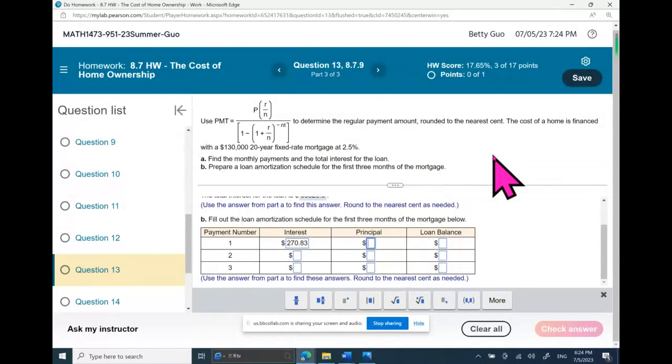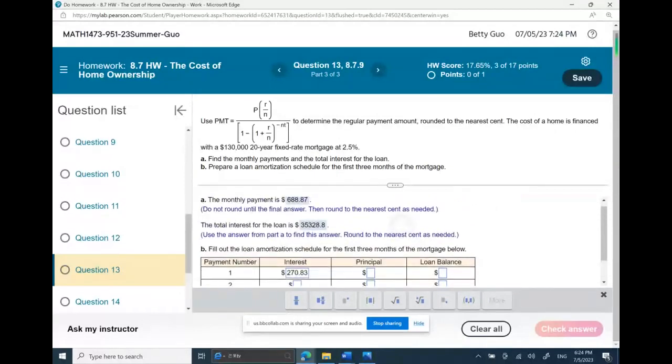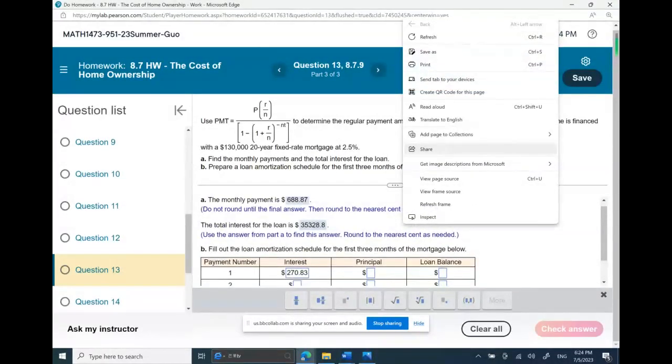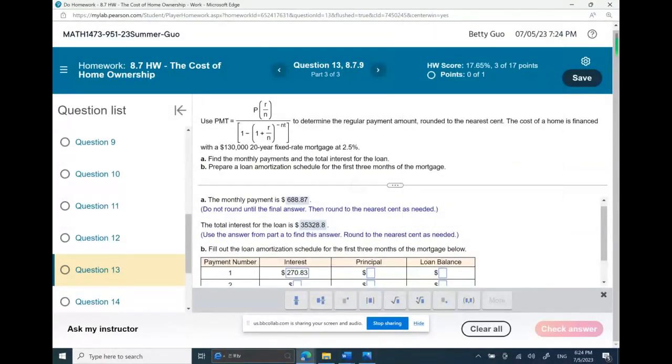Perfect. The principal for the first month. The first month you pay 688.87. How much goes to the interest? That much goes to interest. Now how much goes to the principal? We are going to use the monthly payment minus the interest. Okay, let's do that.